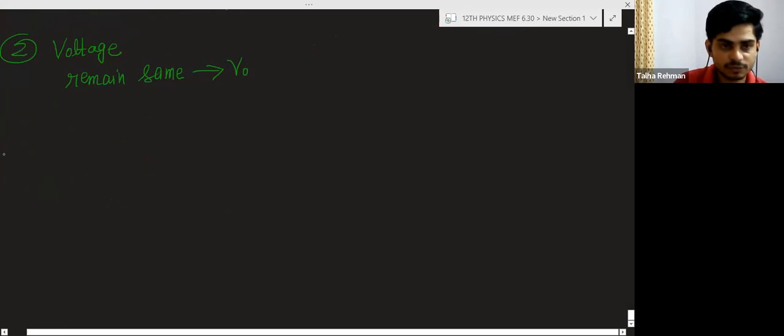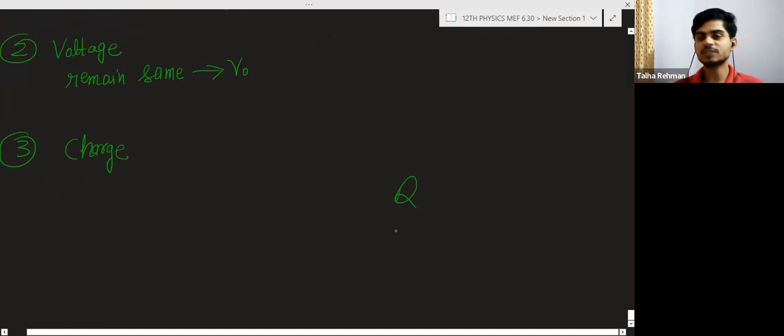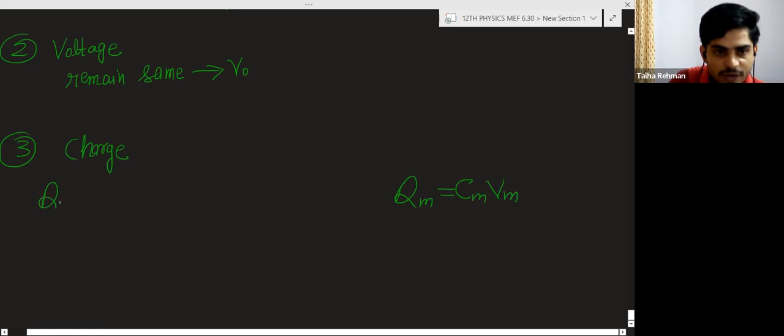Third, I want to calculate the charge. I have told you that we are calculating the charge on a parallel plate capacitor which is in some medium. Then Q is equal to capacitance of medium times potential of plates in medium. So Qm equals Cm Vm. What is the value of Cm?